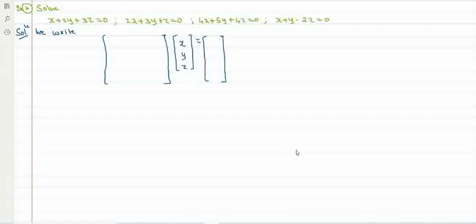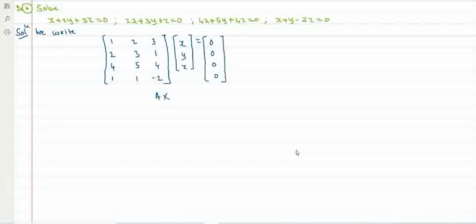First equation 1, 2, 3 and 0. Second equation 2, 3, 1 and 0. 4, 5, 4 and 0. 1, 1, minus 2 and 0.